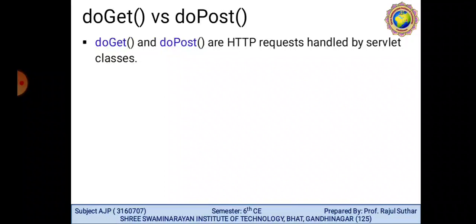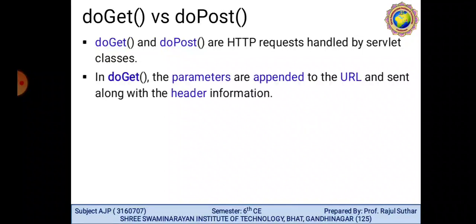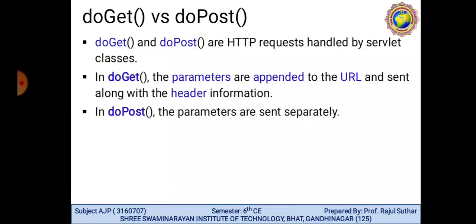The doGet method and doPost method handle HTTP requests in the servlet class. It is a dynamically handled servlet, we are all familiar. In the doGet method, the parameters are appended to the URL and sent along with the header information, while in the doPost method, parameters are sent separately.